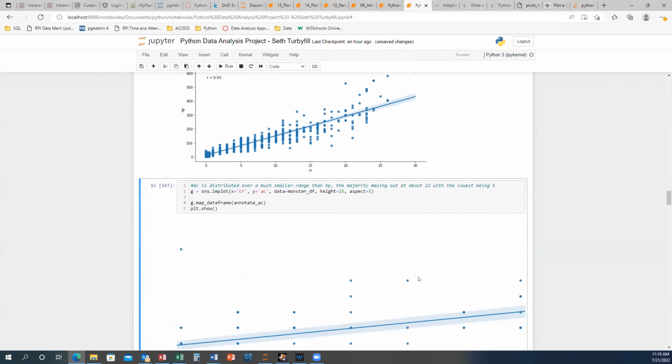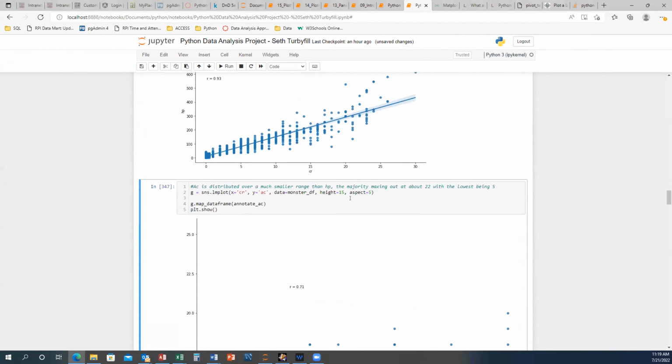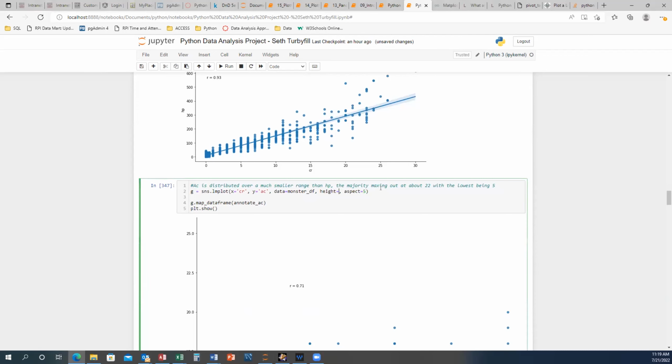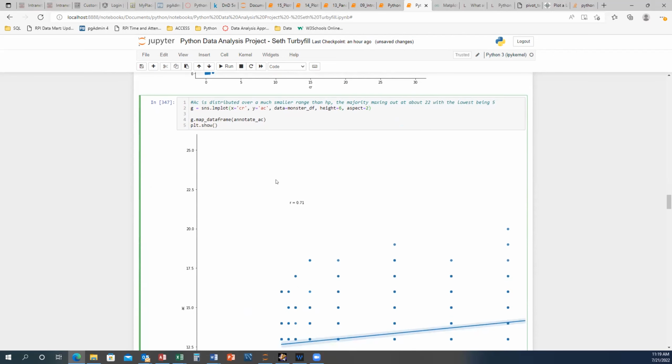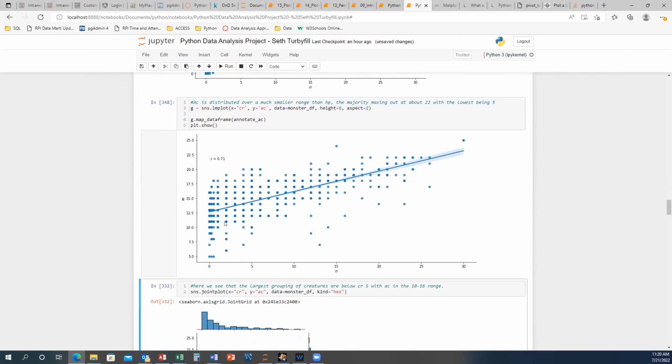And then you get a scroll bar. Oh, yeah. Height and aspect. I guess height is vertical, aspect is horizontal. You're on mute, by the way, Seth. I don't know if you're talking or not.